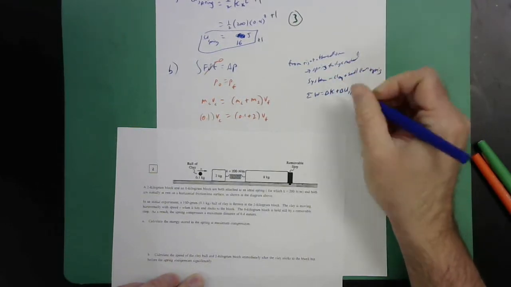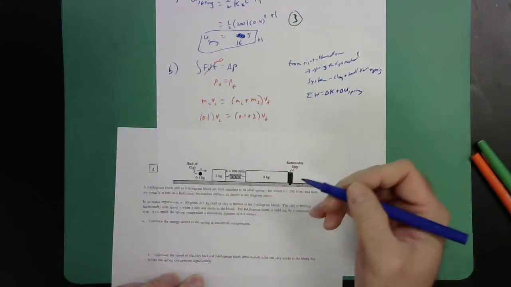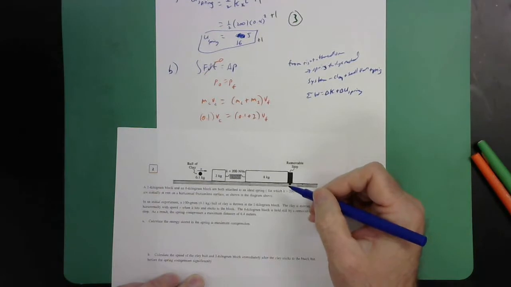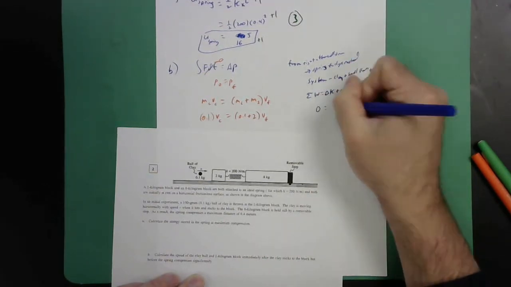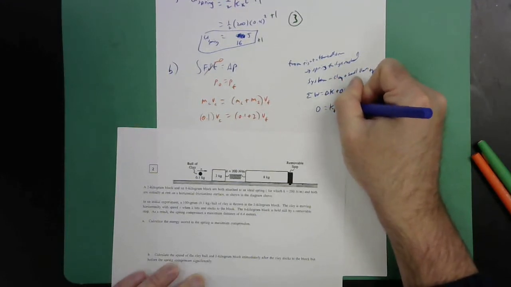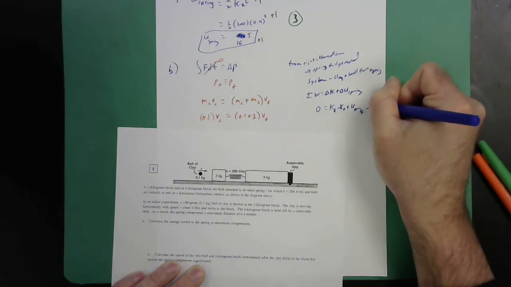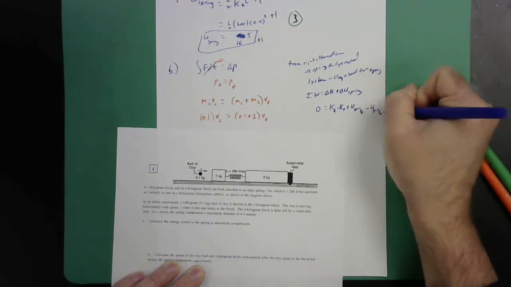Because I made the spring part of the system, I can have a delta U spring. What horizontal forces are acting as we go from there to there? Nothing now, right? So I've got 0 is final kinetic energy minus initial kinetic energy plus U spring final minus U spring initial.